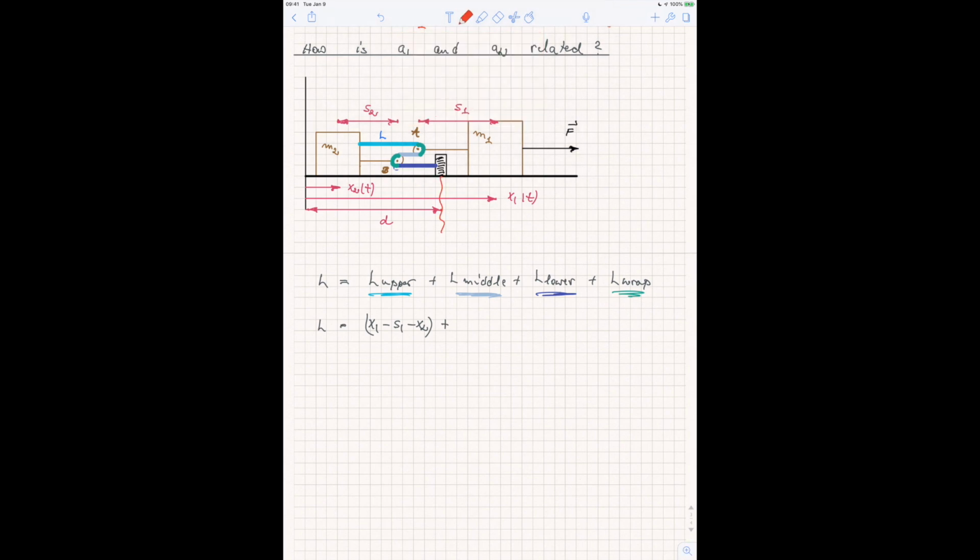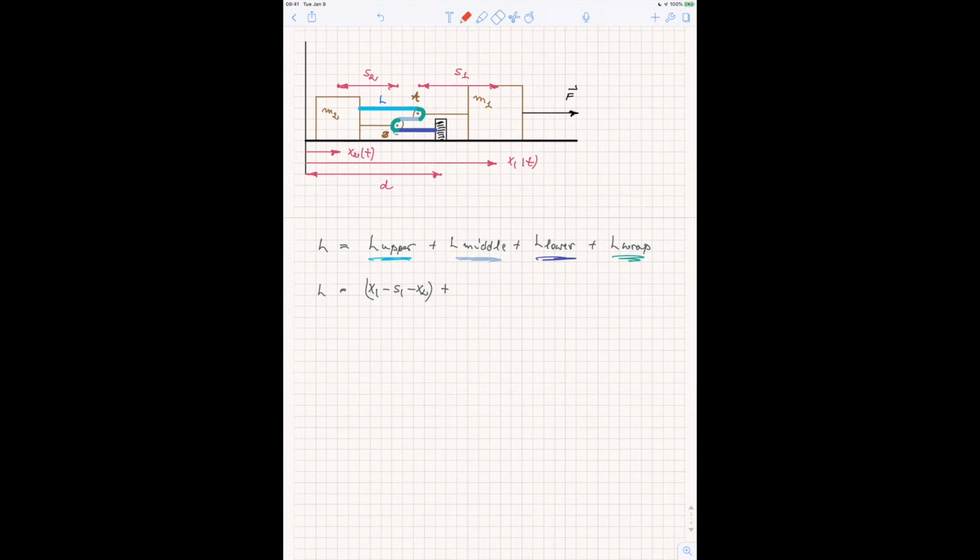The little block is a distance d away from the coordinate system. We want to find the length of this dark section here. So if we take distance d and subtract off first s2 and then this distance x2, then we come to this blue distance of the lower section here.